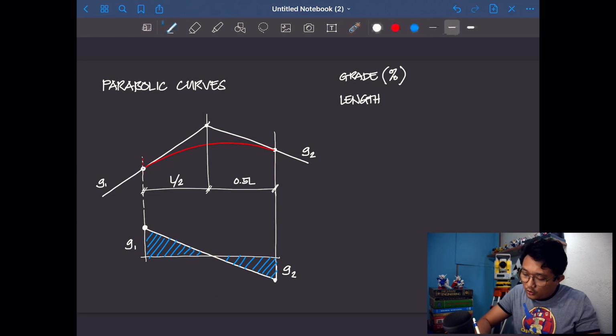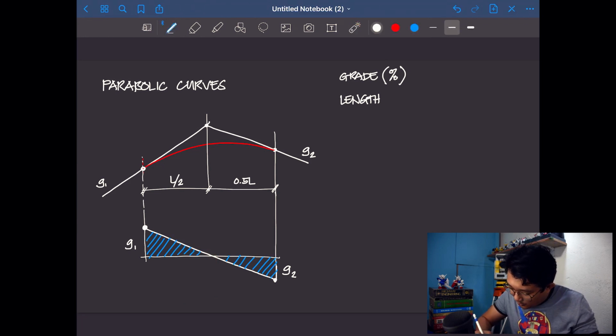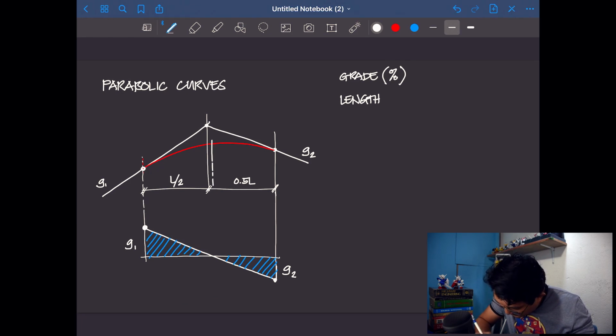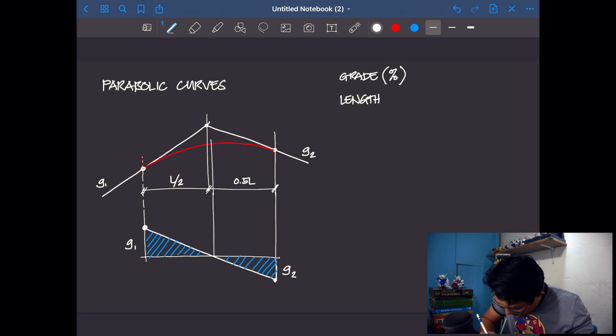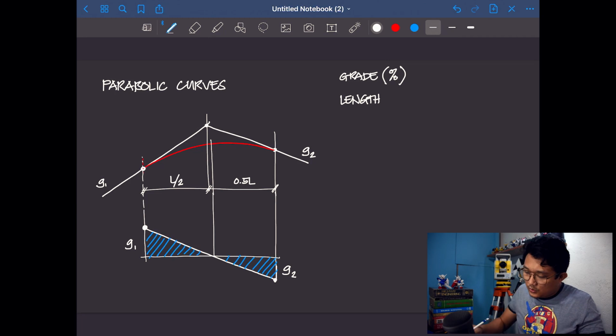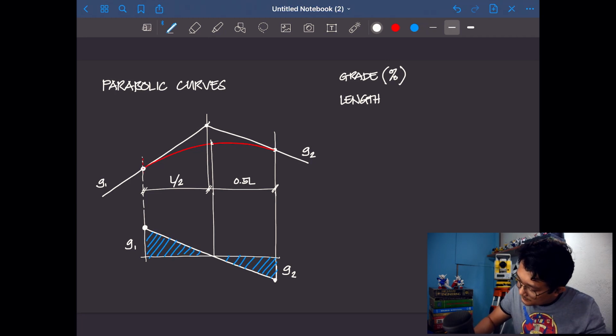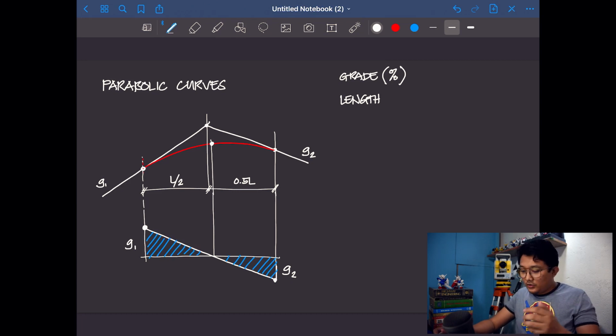So if I'm going to draw a vertical line just so we can find where that is, and that is where your apex occurs.